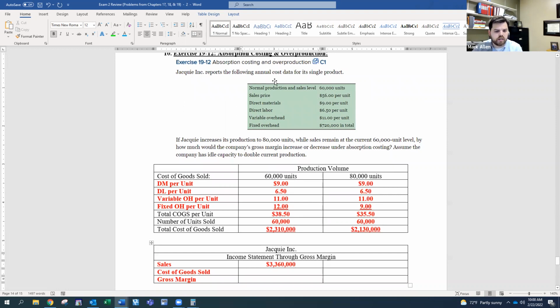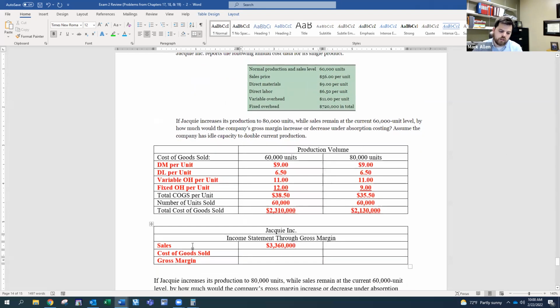Where do we get that? Normal production sales level, 60,000 times the $56 per unit. I couldn't remember if this problem just gives you the number or if you had to actually multiply it out, but there we go. 60,000 times 56 is 3,360,000. And of course, that's the same at the 80,000 unit production level also.